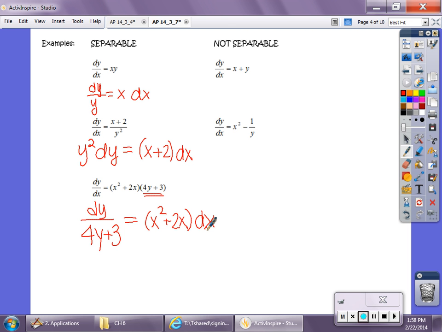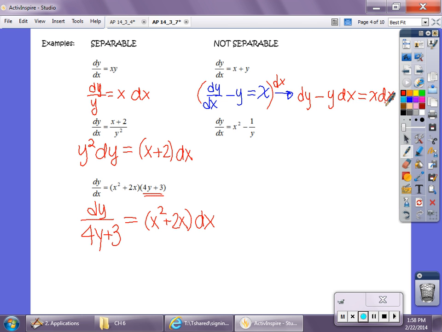Now, separation happens by multiplying and dividing. So the reason why these don't work: it looks so inviting to take this and subtract y. So what you'll be left with is this. And once you're left with this and I want to multiply by dx, you get stuck because you're going to have to multiply everything by dx. So you get dy minus y dx is equal to x dx.